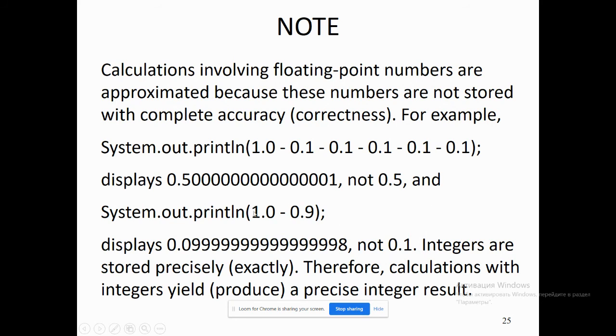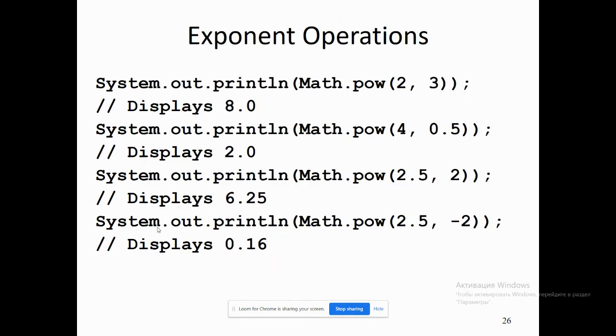Or if we write 1.0 minus 0.9, we will not get 0.1, but this number. Integers are stored exactly, but calculations with floats and doubles can be a little bit problematic.